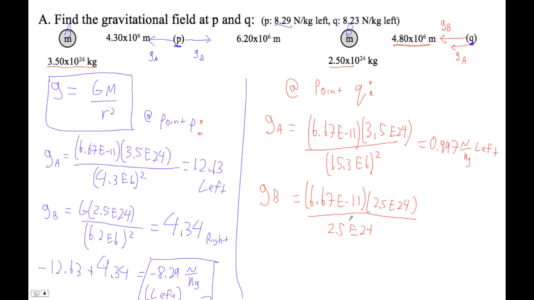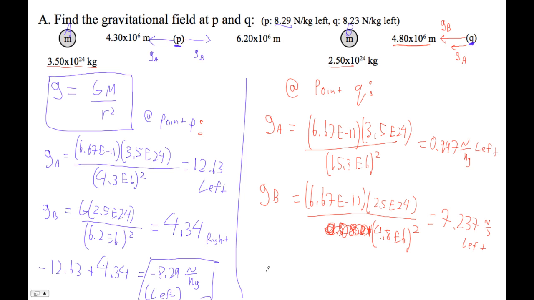I'm having a hard day today. So it's divide by 4.8 E6, and then square that. Don't forget to square that. And then our mass is 2.5, and that's 7.237 to the left.